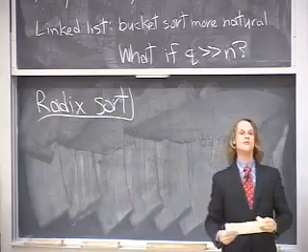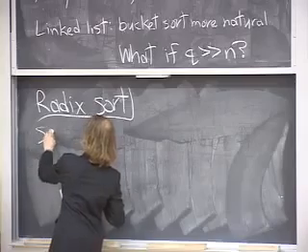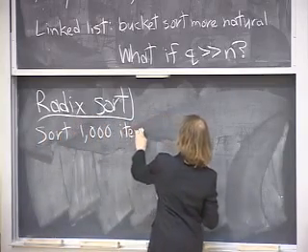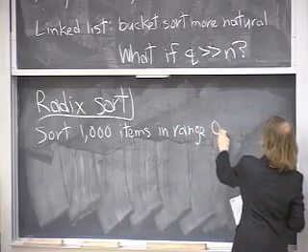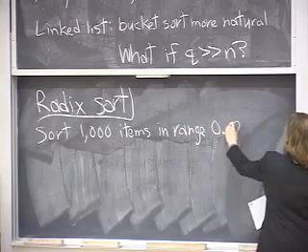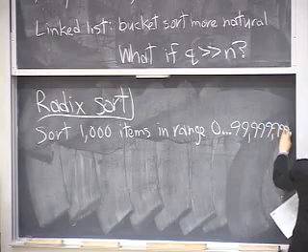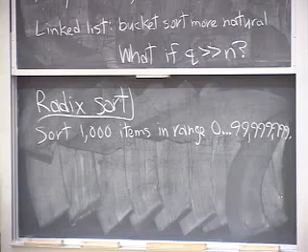All right, so for instance, suppose we want to sort 1,000 items in the range from 0 to 99,999,999. Just have a nice not round number.